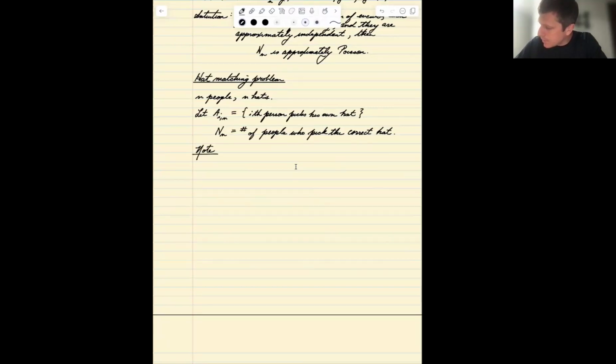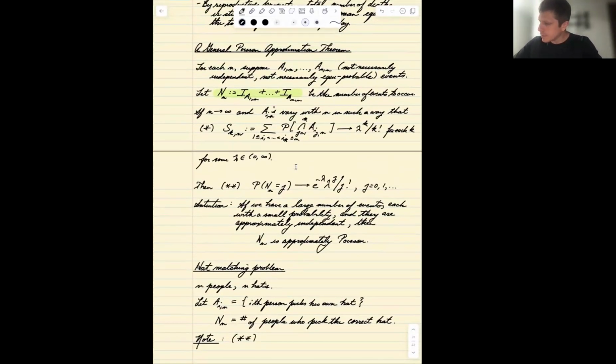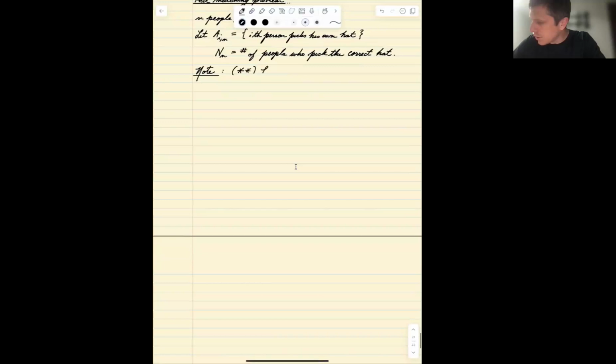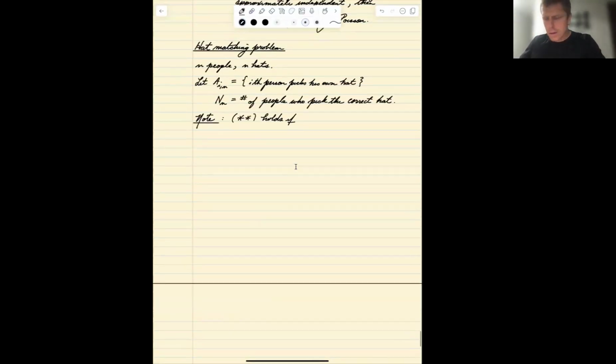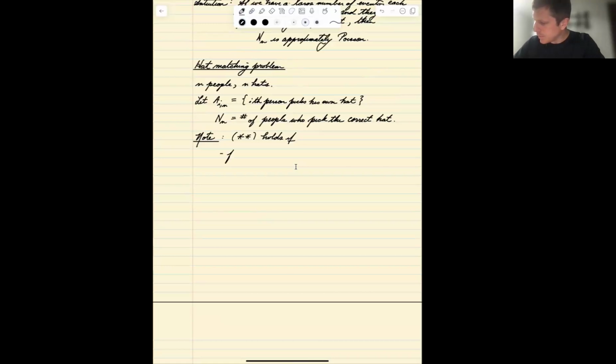So up above, we have the double star, right? Double star is here. This holds. Double star holds if, for each n, the A_i,n are exchangeable.